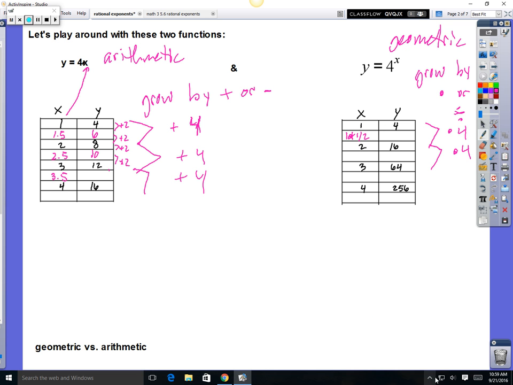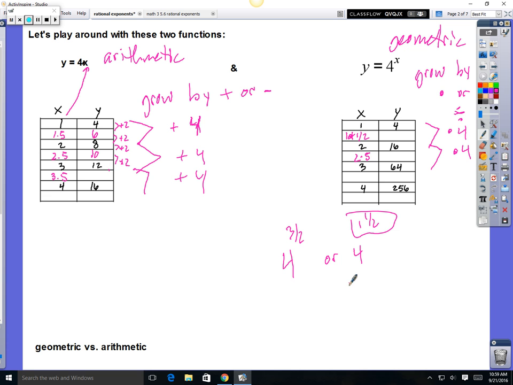There we go. 1.5. This would be 2.5. So now if we're plugging it in here, this is what I'm asking: 4 to the 3/2, which is way better than 4 to the 1 and 1/2. We don't deal much anymore in mixed numbers. We want all your fractions to be improper.